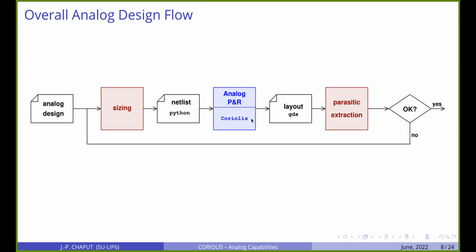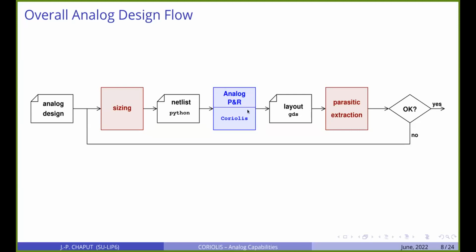What we do is that first there is the stage of sizing, when you decide the size of your components according to frequencies and all the analog constraints that you want to realize. Mainly, it boils down to defining the width and length of your transistors, the size of your capacitors or resistors.